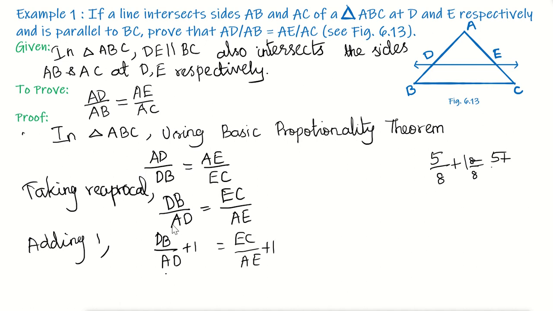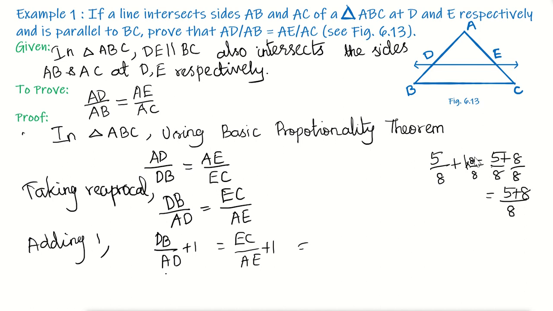As already explained with numbers, when 5 by 8 plus 1 comes, to get the common denominator 8, we multiply the whole number 1 by 8 by 8, so it becomes 5 by 8 plus 8 by 8. As the denominator is common, we take by 8 common and add the numerators.